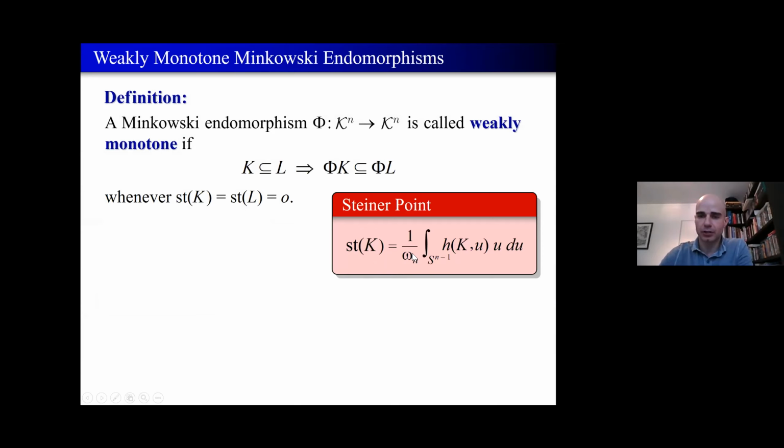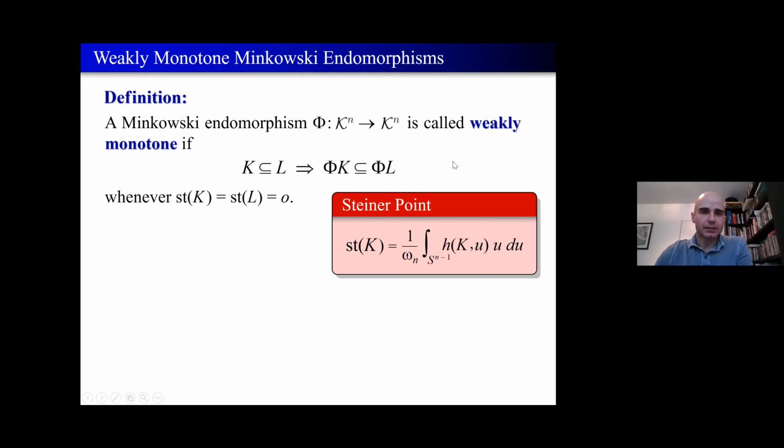So here's the definition of the Steiner point. That's a vector valued integral that you have here. So you integrate the values of the support function against just the vector u on the sphere, and you normalize correctly. And for those bodies whose Steiner point is at the origin, we ask that this monotonicity property is satisfied.